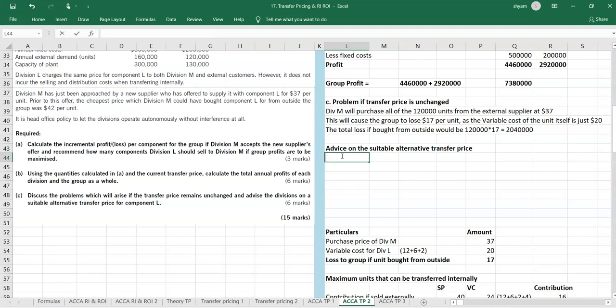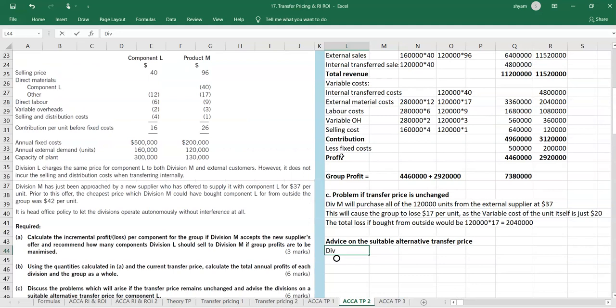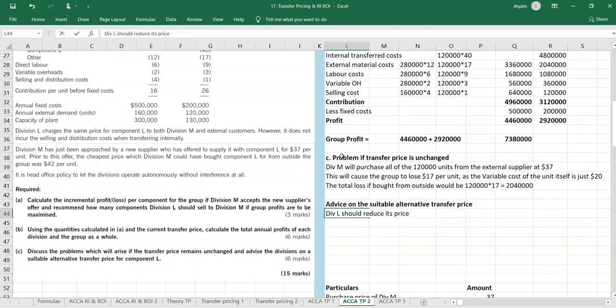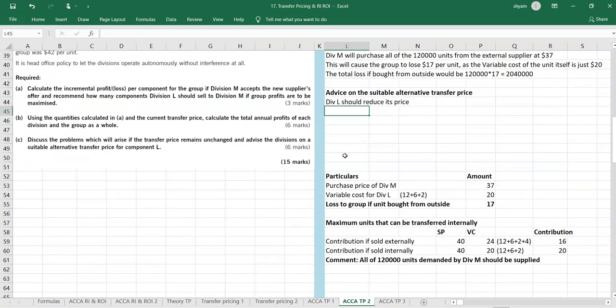See, division L should reduce its price, but by how much? We have to find out first what is the contribution they are getting. So that also we have done here.